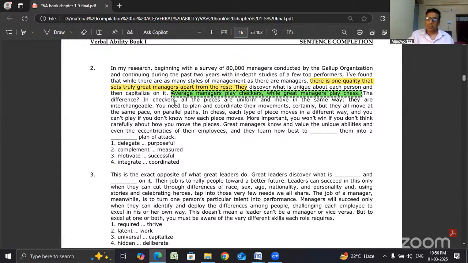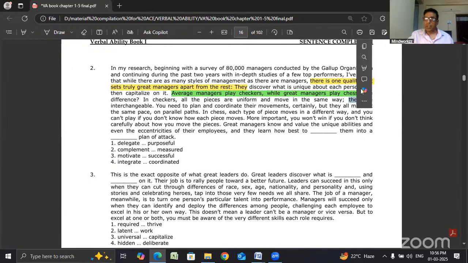The difference: in checkers, all the pieces are uniform and move in the same way. They are interchangeable.